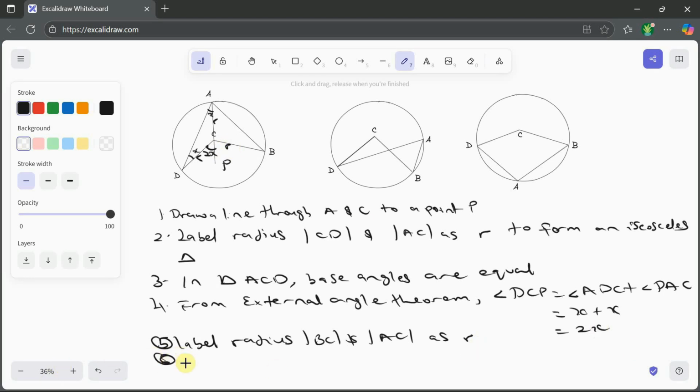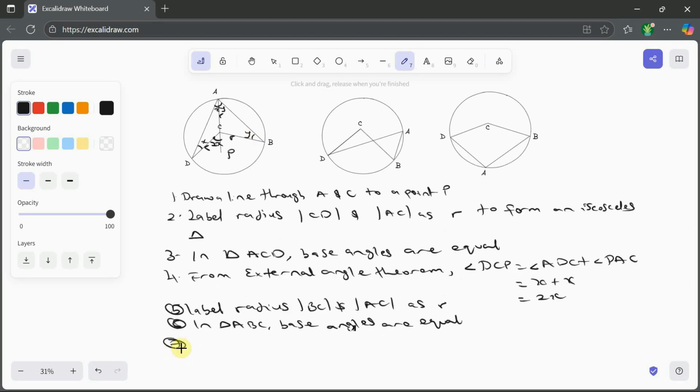So we know that in triangle ABC, also the base angles are equal. These are the base angles here and here. So this is Y, let me call this also Y.